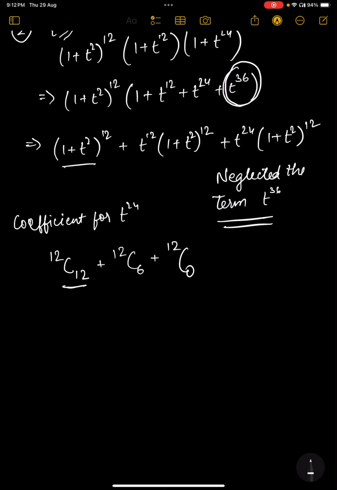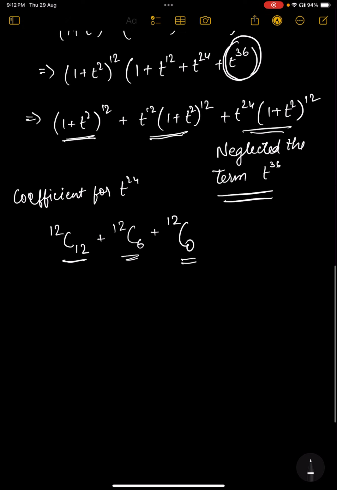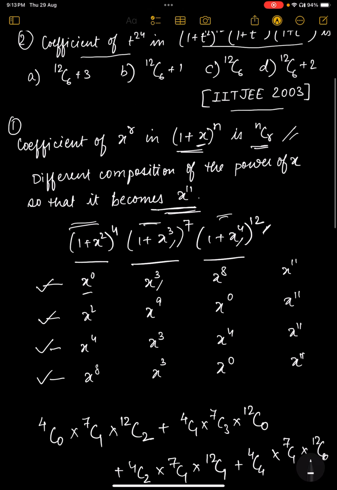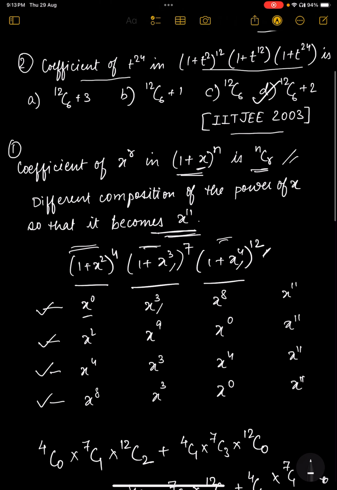So 12C12 I am achieving from here, 12C6 I am achieving from the second expression, and 12C0 I am achieving from the third expression. And this eventually gives me 12C6 plus 2. So this is my answer. So quickly check the options, and option D turns out to be correct.